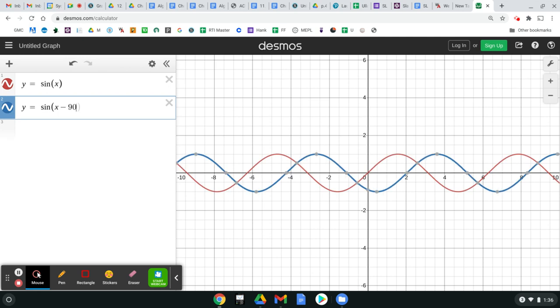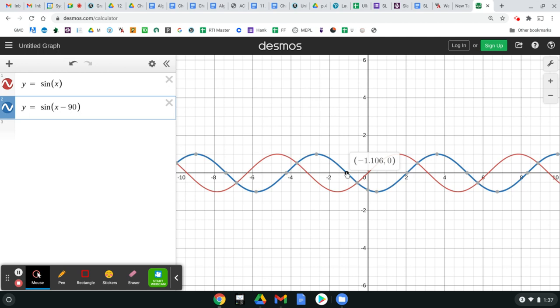Hold on, this might get screwed up. No, good. It knew that I wanted degrees. Do you see what happened? It shifted left 90 degrees. Now, you might say, 90 degrees, what the heck is that? This is pi over 2.